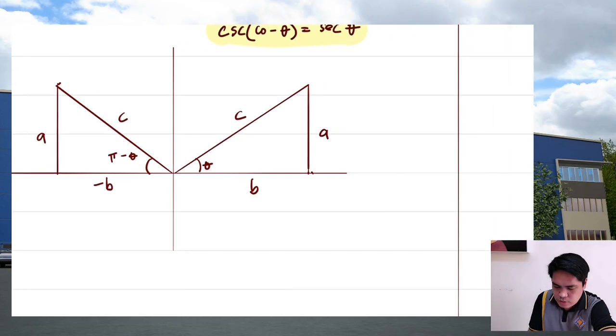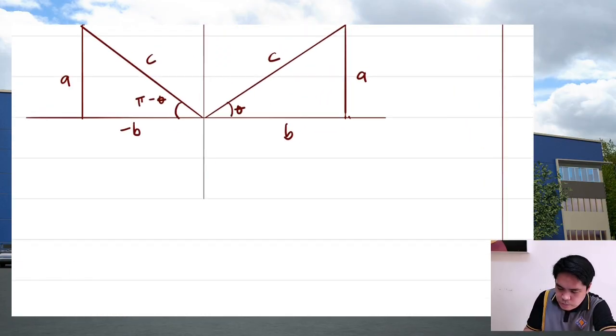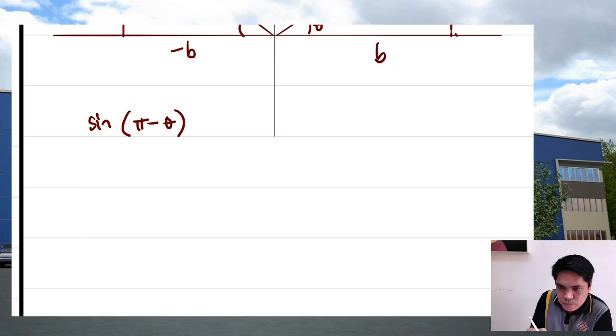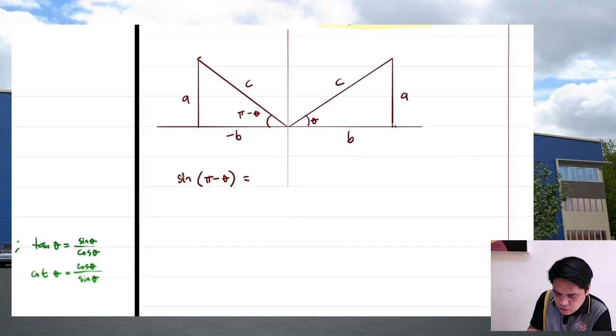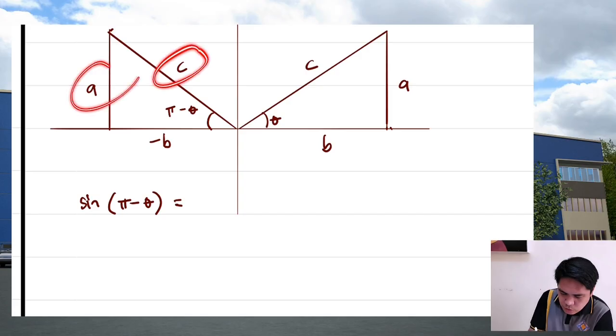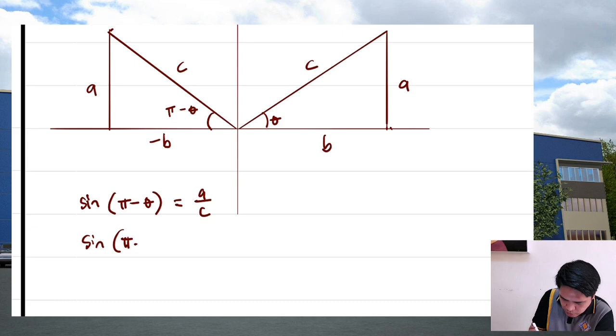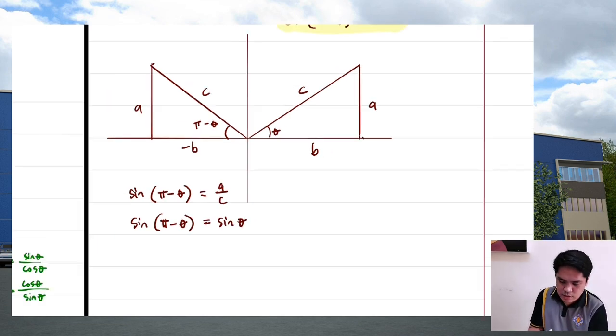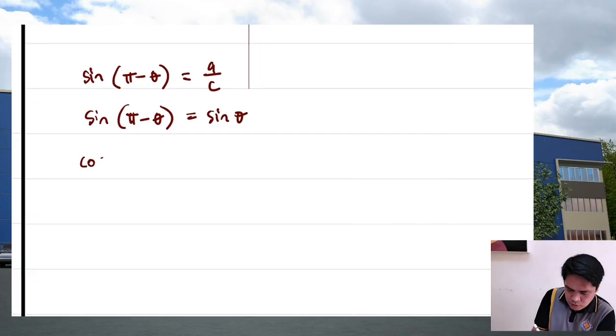So, we could say that this angle is pi minus theta. Okay? So, drawing now the identities, sine of pi minus theta, that's equal to opposite over hypotenuse, that's A over C. So, therefore, sine of pi minus theta is just equal to sine theta because A over C is sine theta. Now, let's proceed to cosine of pi minus theta.